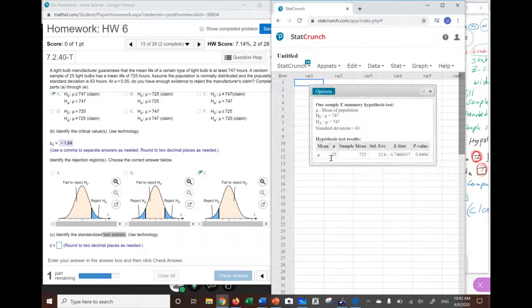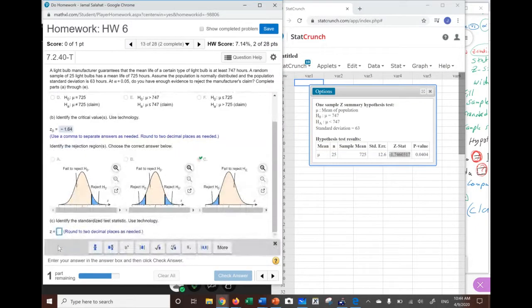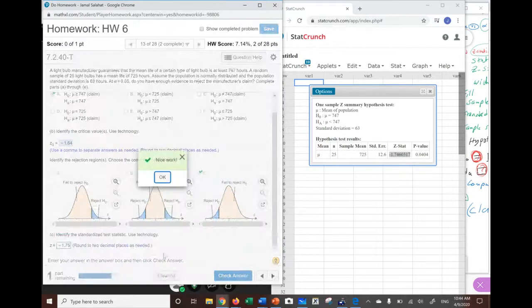We get those results. So the Z stat in here is negative 1.75. And again, they want just 2 places. And we check the answer.